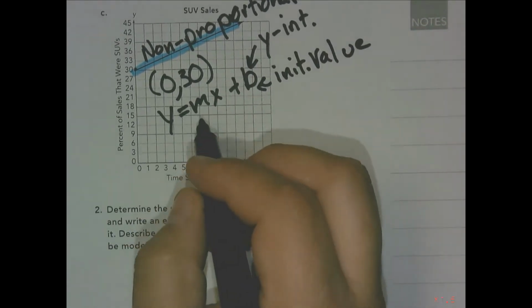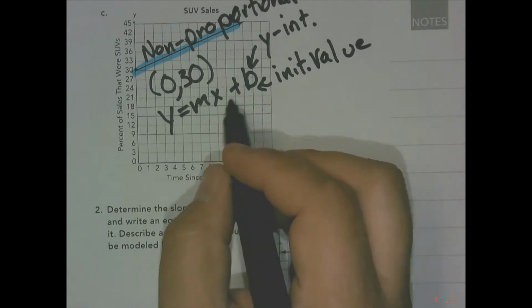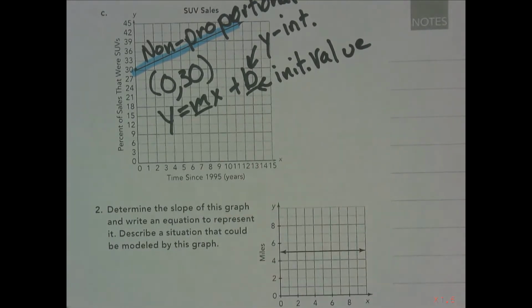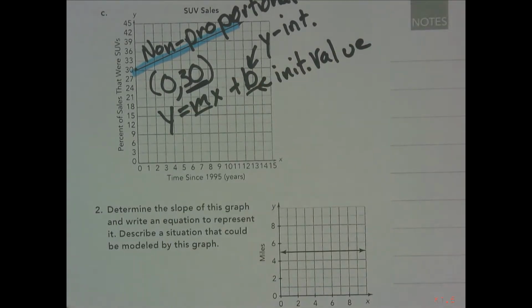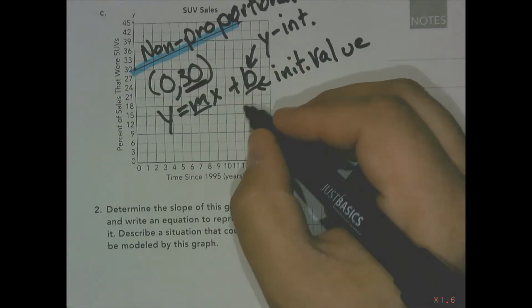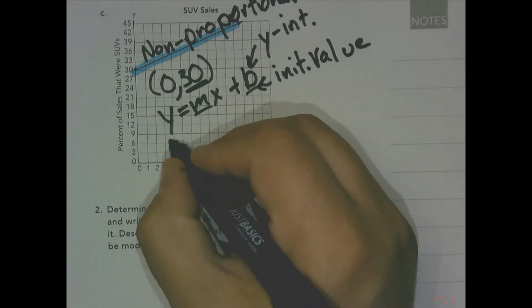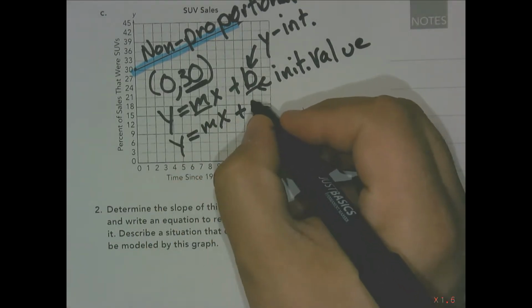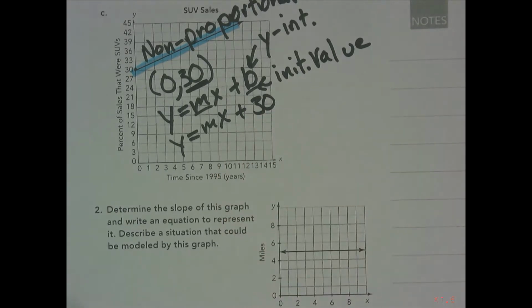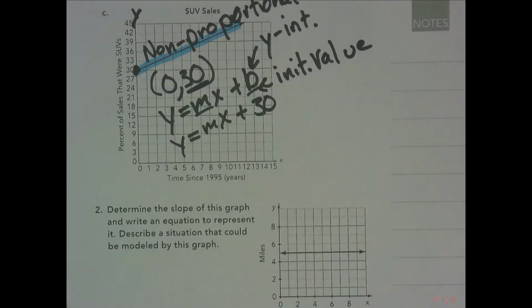So if I want to find this equation, I need to know what the b is, and I need to know what the slope, m, is. So b then is this term right here. I'm going to plug that in. I'm going to say y equals mx plus, not 40, 30. Because that's where it crosses the y-axis.